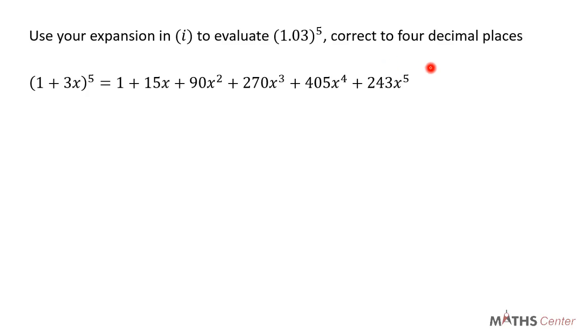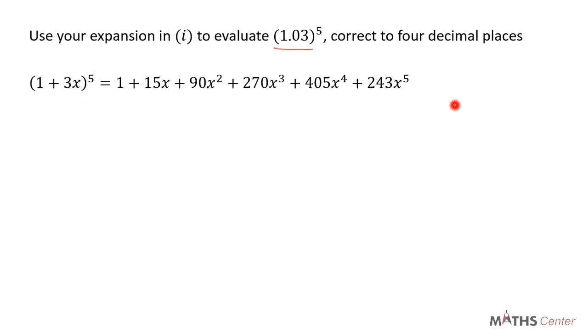Just as I explained to you in the previous example, if you are asked to evaluate something like this, you have to compare the expression that you are given to the binomial expression. So here we are going to compare 1.03 exponent 5 to 1 plus 3x exponent 5 for the value of x. Then we will substitute that value of x into this expansion.